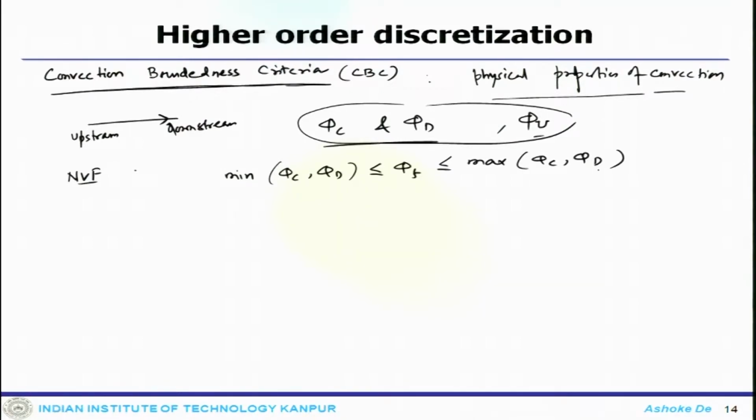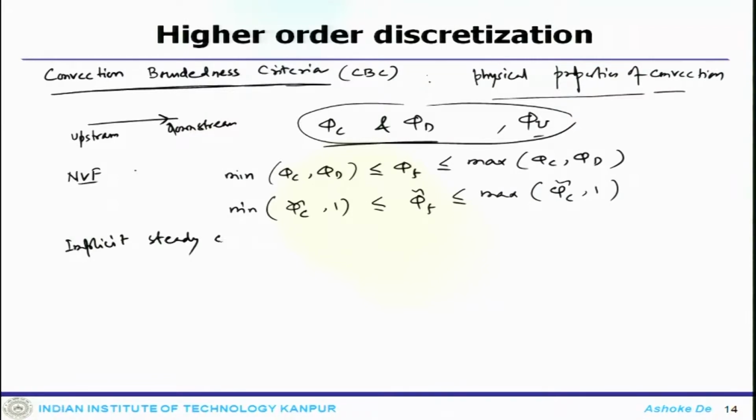Normalizing the above condition gives the minimum of phi c tilde and 1 less than or equal to phi f tilde, which is less than or equal to the maximum of phi c tilde and 1. This is called the convection boundedness criteria for implicit steady state flow.